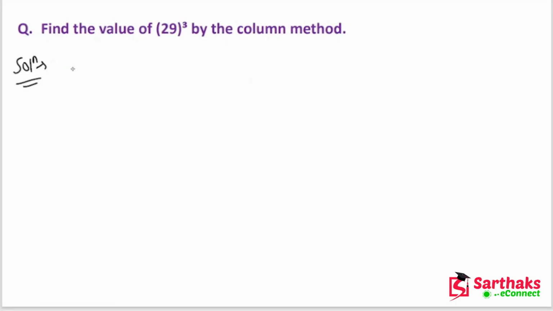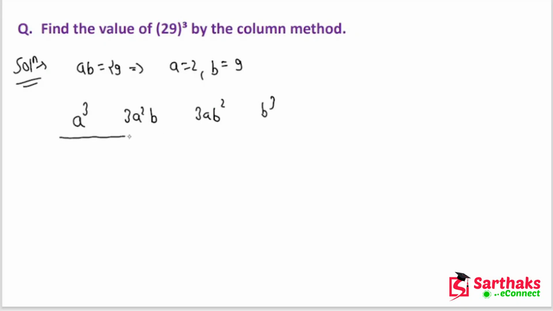So first of all we will take AB equals 29, which implies that A is equal to 2 and B is equal to 9. Okay, now let us construct columns. So this column should be for A cube, this is for 3A square B, this is for 3AB square, and this is for B cube, right? So these are the columns.